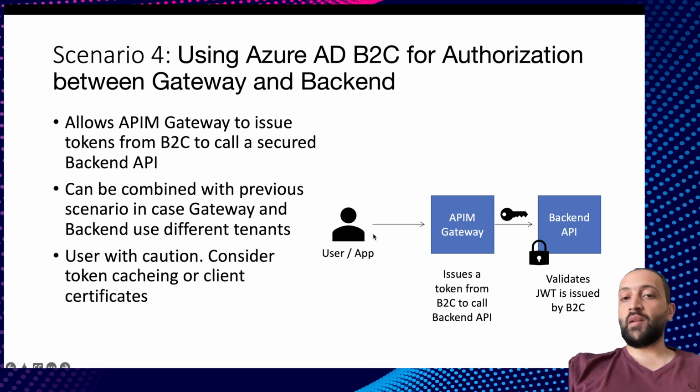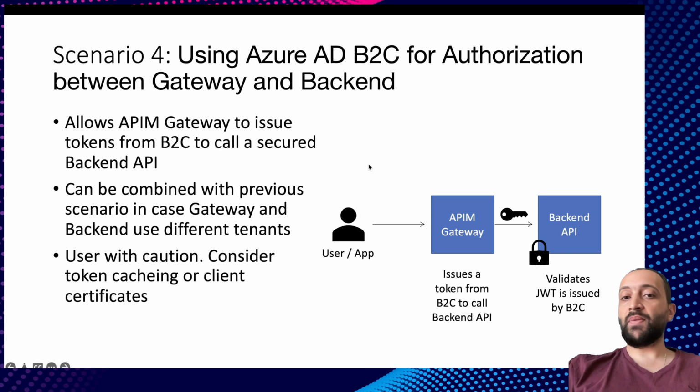However, you want the API call to still go through, maybe using a different security mechanism that you use on your APIM gateway, but you want the APIM gateway itself to be able to issue tokens from B2C to be able to call the backend API. So in that scenario, the APIM gateway actually talks to B2C, issues a token, and then uses that token to contact the backend API that is already protected by B2C.